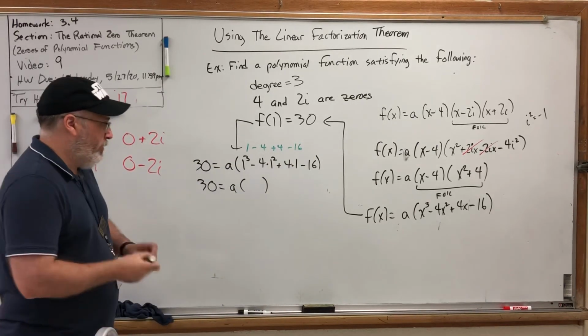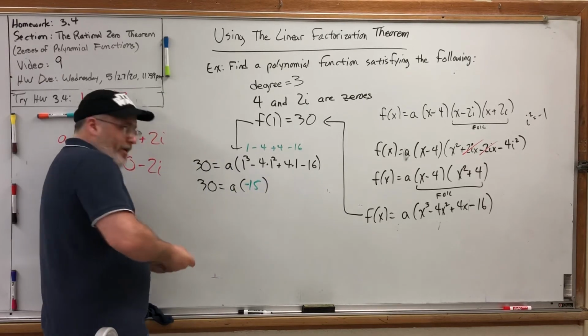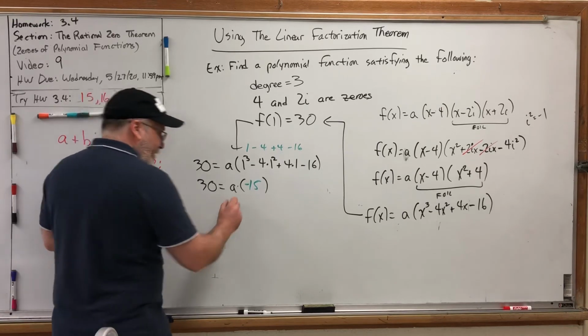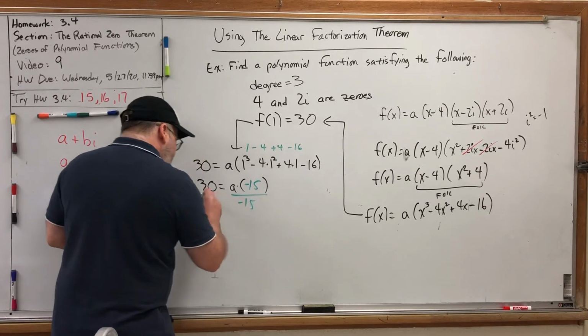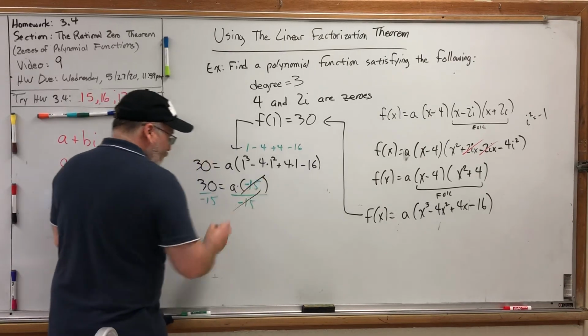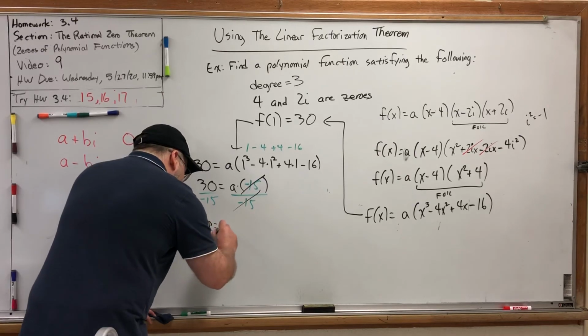Well, the 4's cancel, and 1 minus 16 is negative 15. Now I can solve for a. The only reason it's not by itself is because it's multiplied by negative 15. But if I divide both sides by negative 15, and thankfully it divides evenly, I'm pretty confident in these questions it will divide evenly here, we get a equals negative 2.